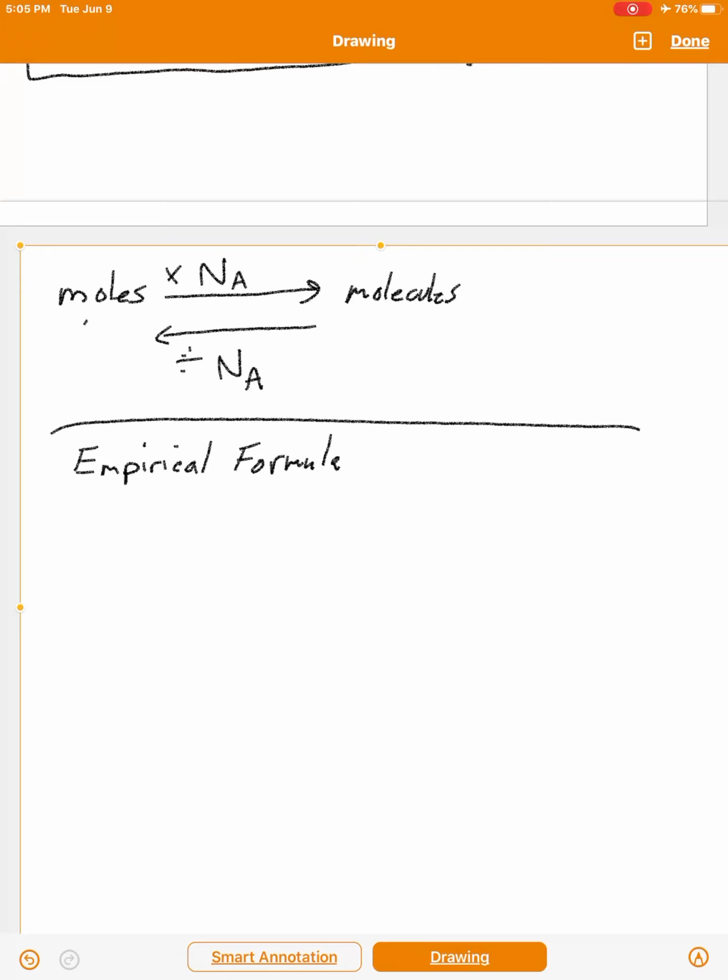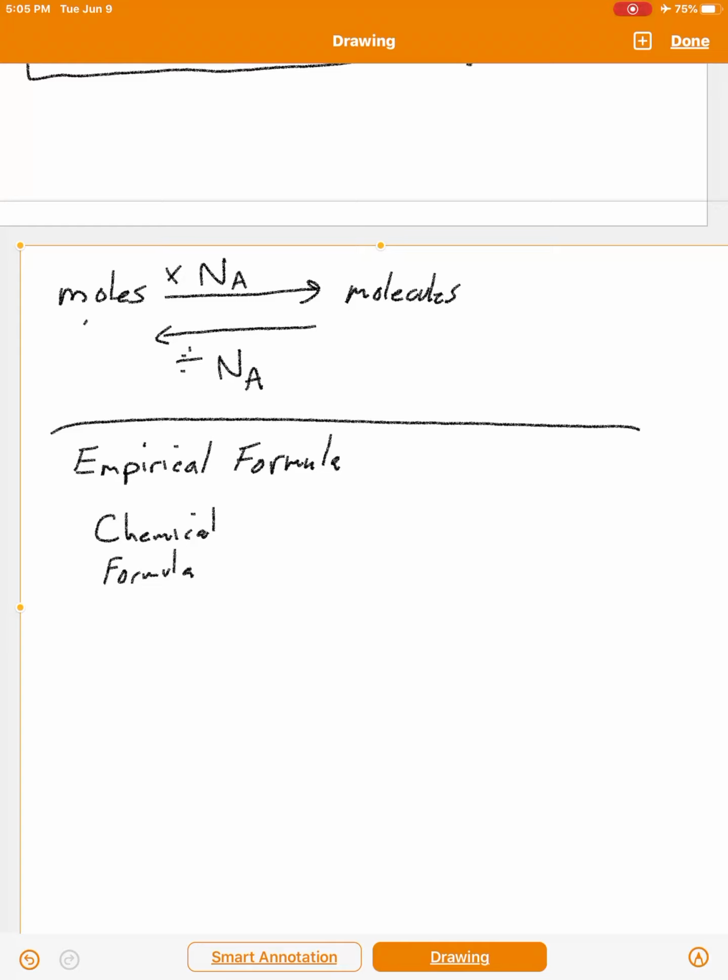It's discussed in more detail in section 3.5, combustion analysis, but we also want to cover it a little bit here. So my point is this for the empirical formula, that we have this idea of what a chemical formula is. And there are different ways of representing substances.